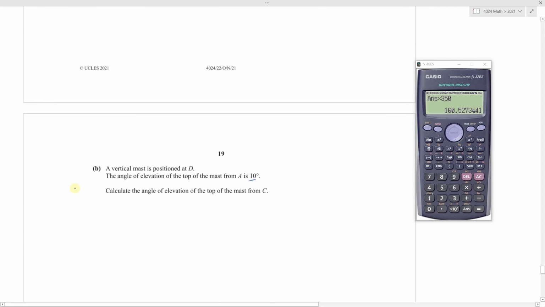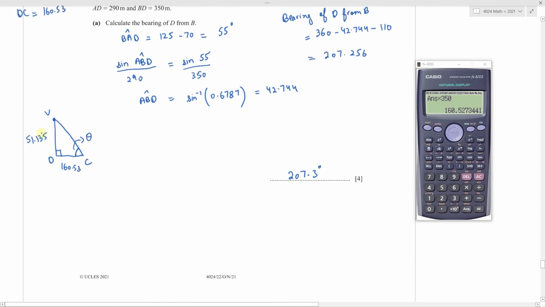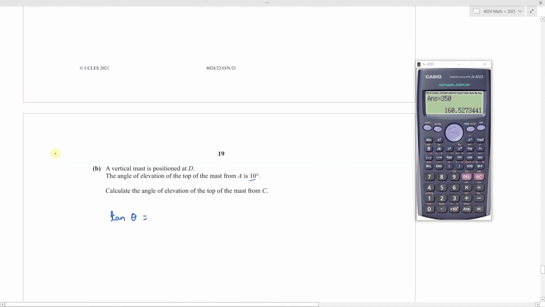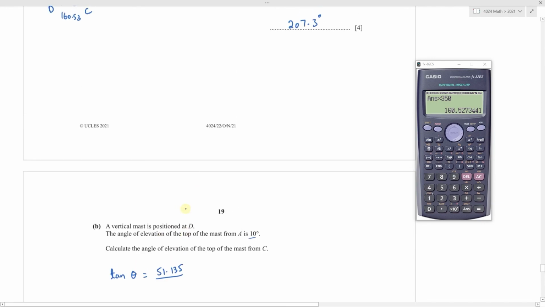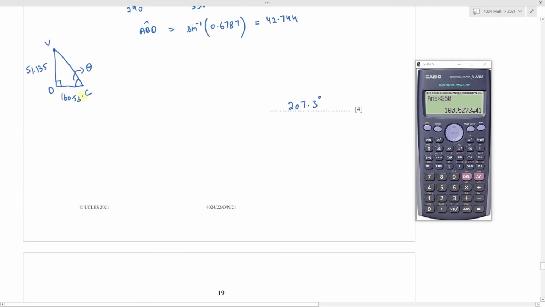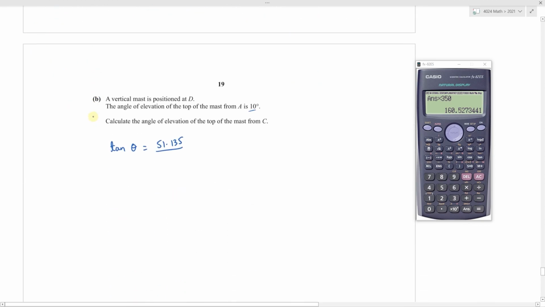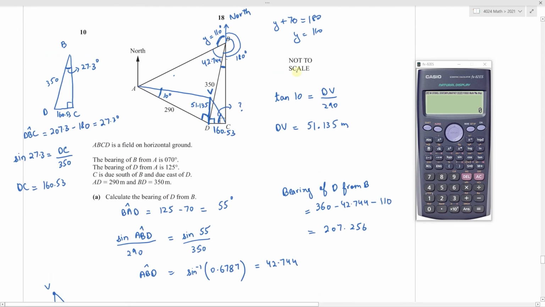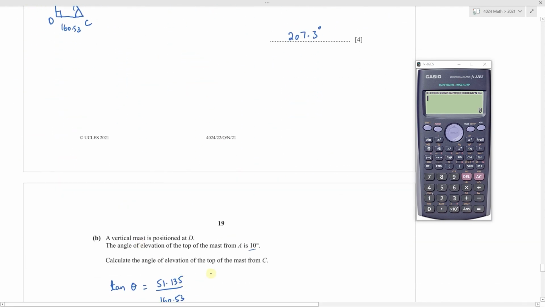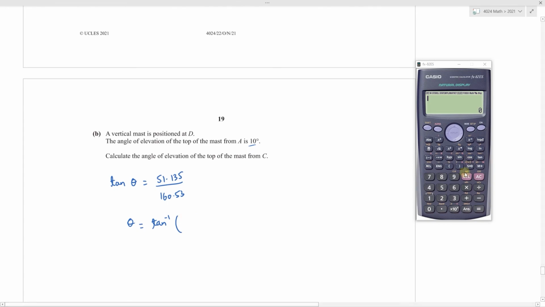So tan of theta will equal this perpendicular 51.135 divided by the base, which is 160.53. So theta will be tan inverse of this. I did most of my working here at the top; I should have done it in this part, but you get the idea.